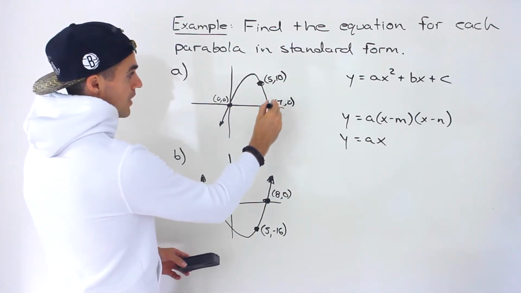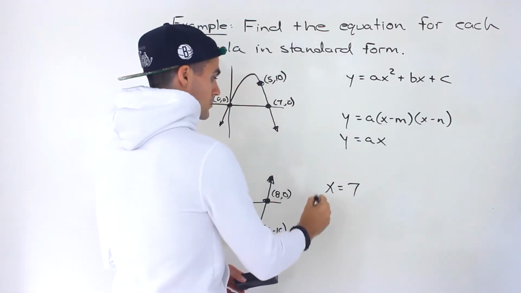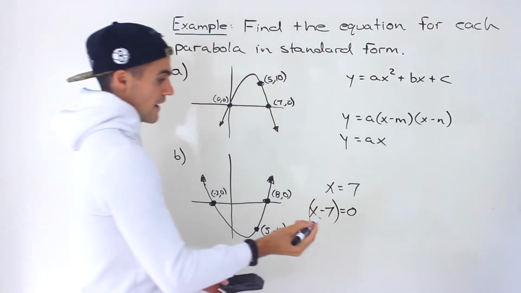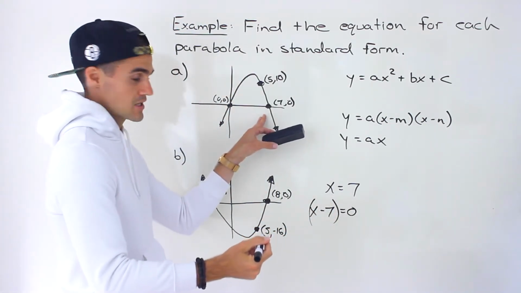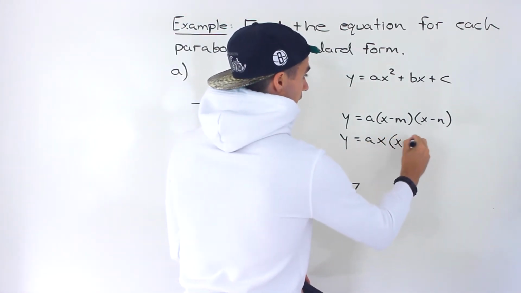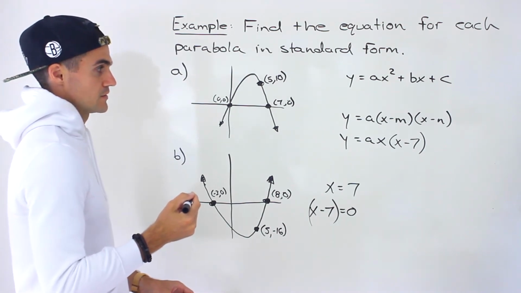And then if we have an x-intercept of positive 7, when we bring it over, we end up with x minus 7 equaling 0. And so that's the other factor if we have an x-intercept of 7. We're just going backwards, right? So we have the other factor being x minus 7.